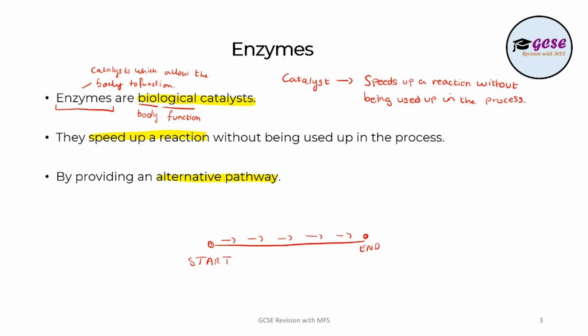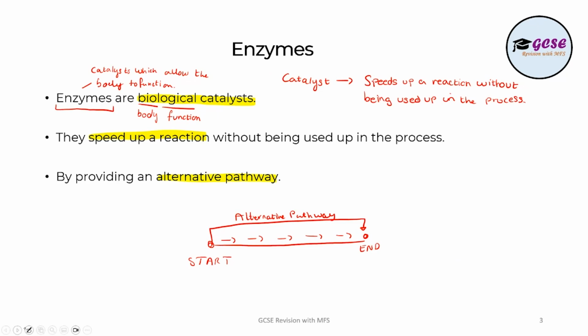The enzyme will form an alternative pathway to get to the end line, and that's how it catalyzes the reaction. If too many chemical reactions are occurring in one direction, then it will find an alternative pathway to get to the finish line. And that's how enzymes work.